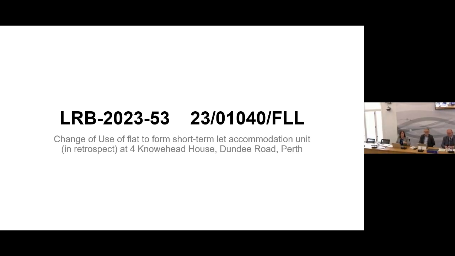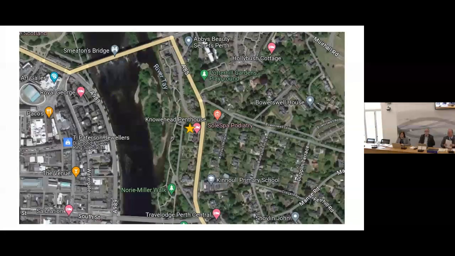Yes, thank you, Convener. We'll just run through the slides again to start with. So the application appeal site here is to the east side of the River Tay, accessed off the 85 Dundee Road.